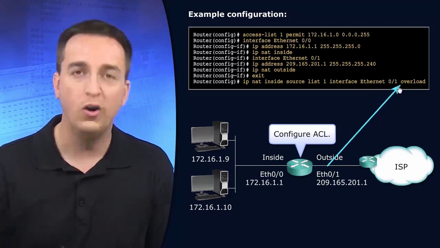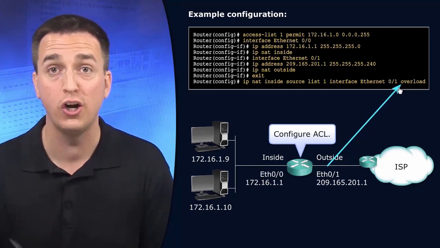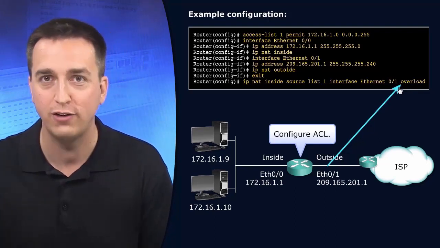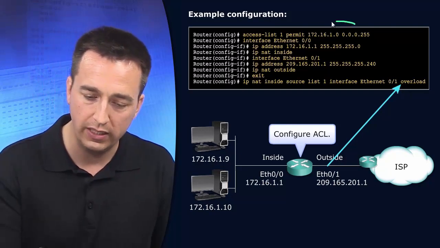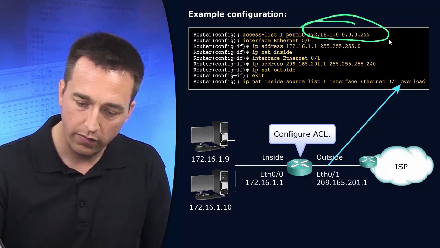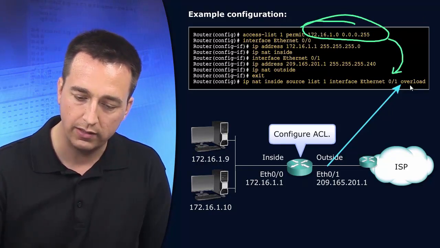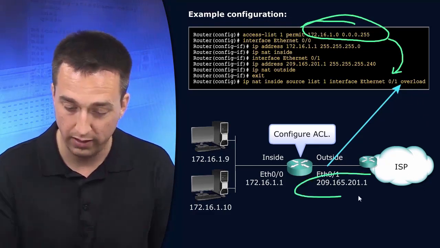Therefore, overload on that IP address. Overload means turn on PAT. Turn on port address translation. That way, every single one of these private IP addresses can use this IP address that is on that interface, what happens to be this one right here.